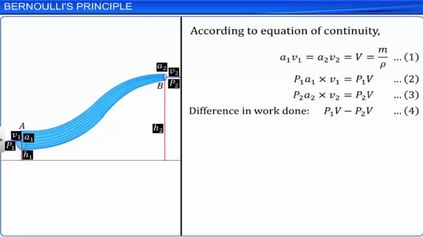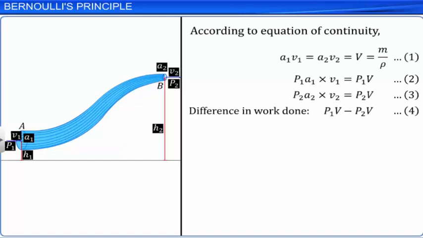This difference in the work done is equal to the total change in the mechanical energy of the element. A part of the change in the mechanical energy is used to increase the potential energy of the liquid element and the remainder to increase its kinetic energy.